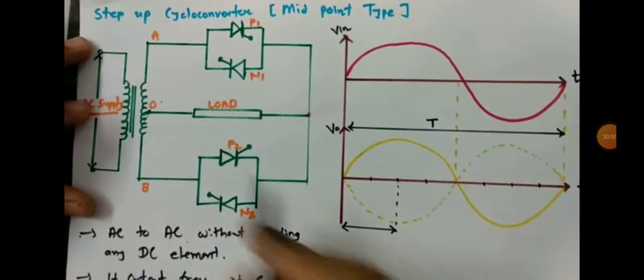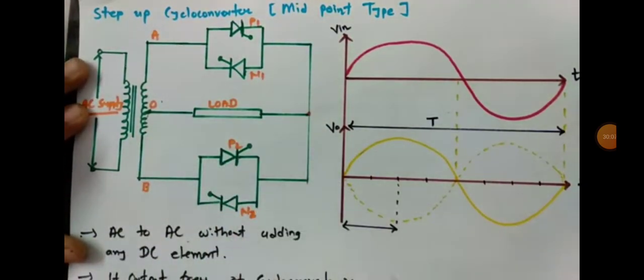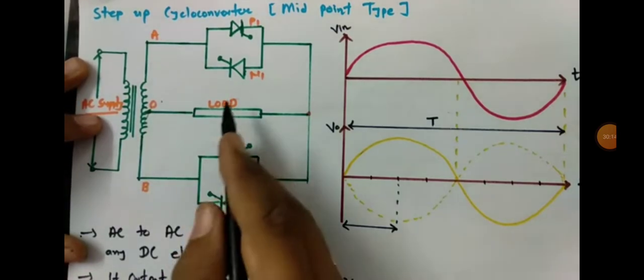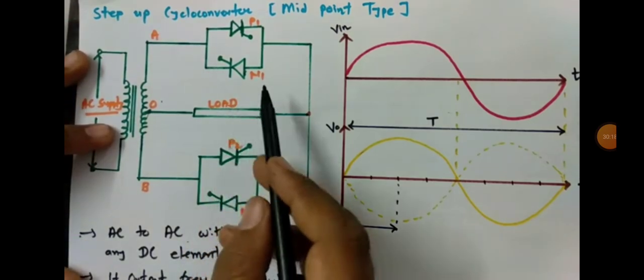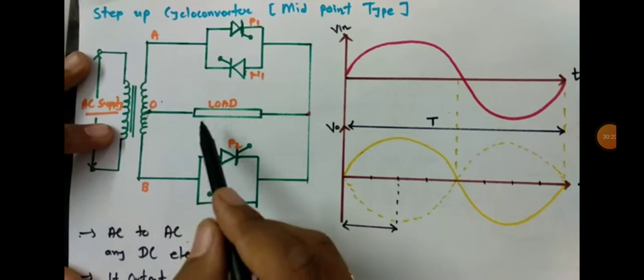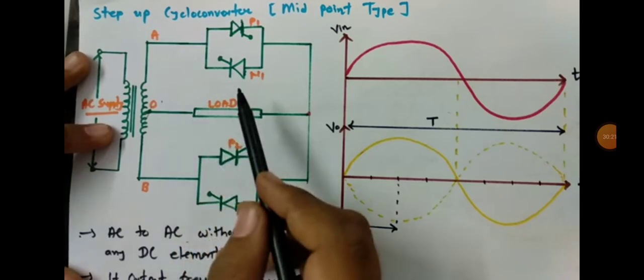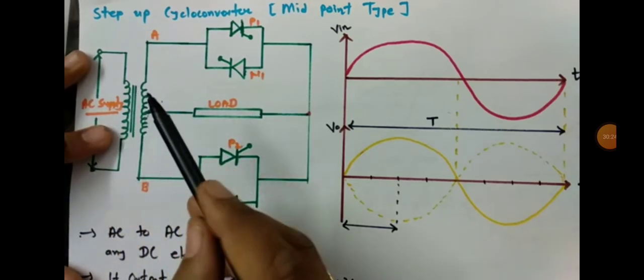So if you see this circuit, in this complete circuit I don't connect any DC element. What I will be doing is changing the frequency of output without adding any DC element. That is what a cycloconverter does, where if frequency of output is higher than input frequency, then that will be step up cycloconverter.